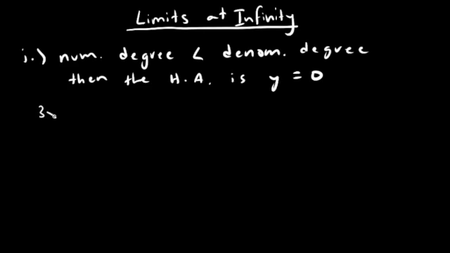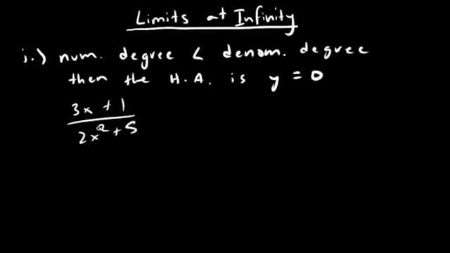So for example, we have 3x squared plus x plus 1. The highest power is 2 here, so that would be the degree. And in terms of a fraction, say we have 3x plus 1 over 2x squared plus 5.